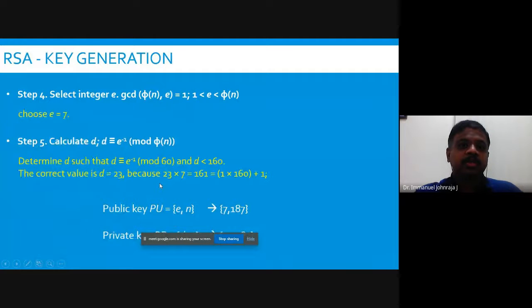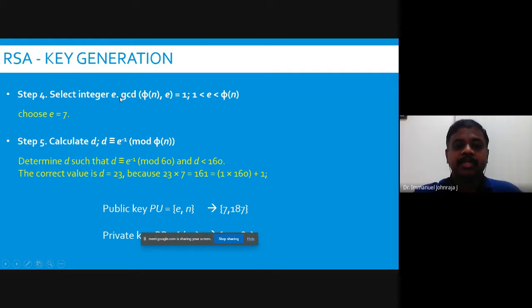So the greatest common divisor of phi of n and the number you choose should be 1. In other words, they should be relatively prime. 160 is not a prime number; it is even, so 2, 10, 8, 16 and 5 can divide it. But phi of n and the number we choose should be relatively prime, meaning there is no common divisor except 1.